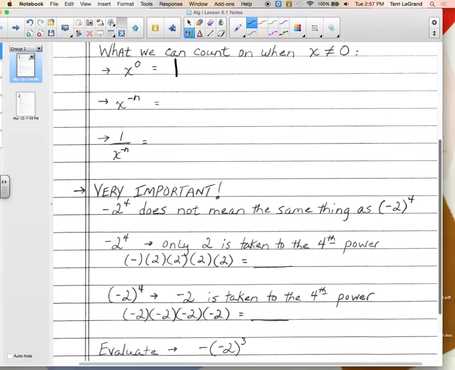Well, what do you think we can count on x to the negative n power being? A fraction. Okay, well then give me a fraction name for x to the negative n power. 1 over x, I heard. Is that it? 1 over x?